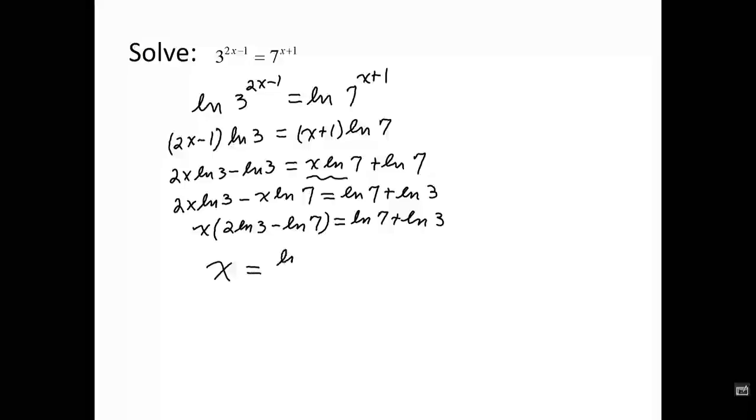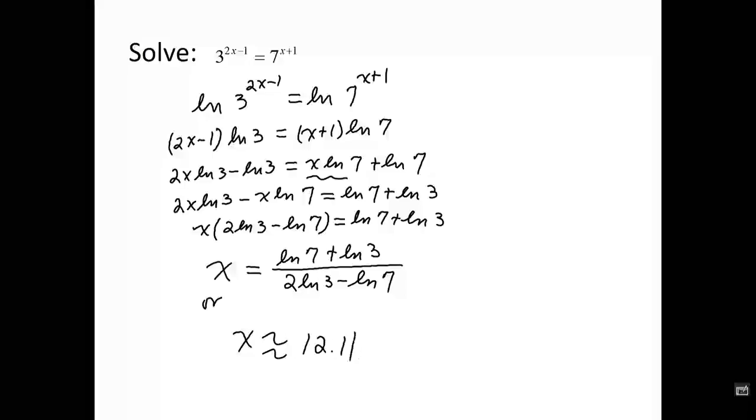So we have the natural log of 7 plus the natural log of 3 divided by 2 times the natural log of 3 minus the natural log of 7. All right, and again, if you use your calculators, you can obtain a numerical approximation. The approximation is roughly 12.11.